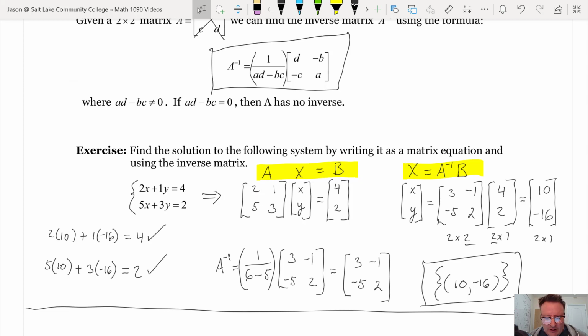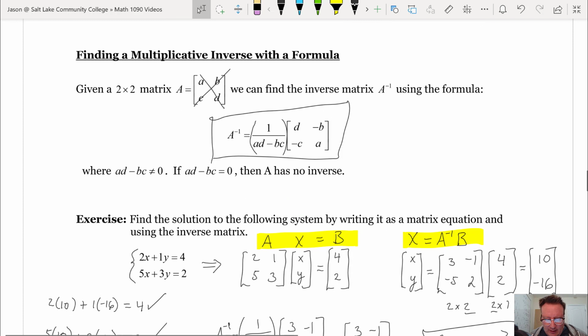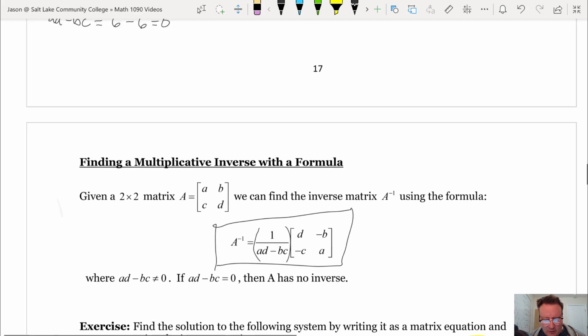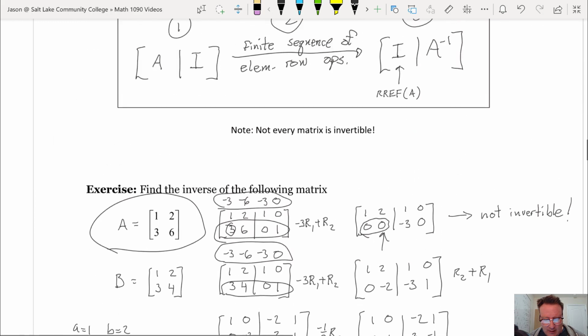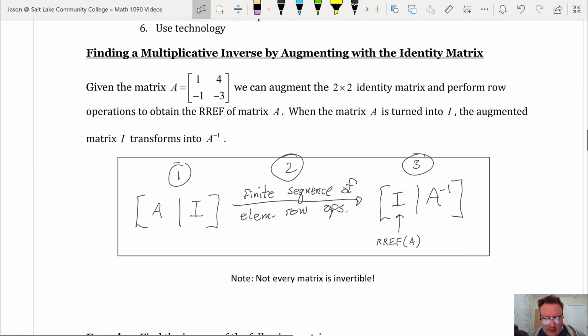So remember, the starting point is what? Is this matrix here. It's just the matrix containing A, B, C, and D. And we know how to compute inverses of matrices, right? I showed you previously another method, and it's this one, finding a multiplicative inverse by augmenting with the identity matrix.